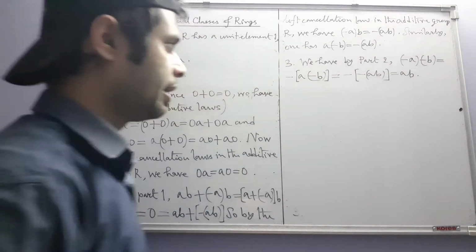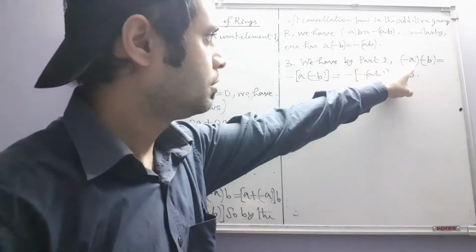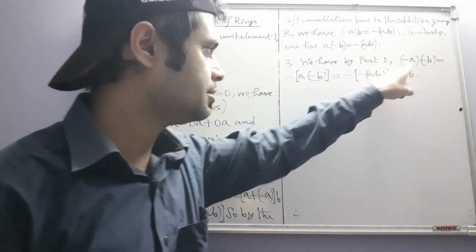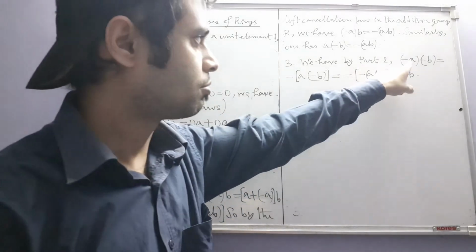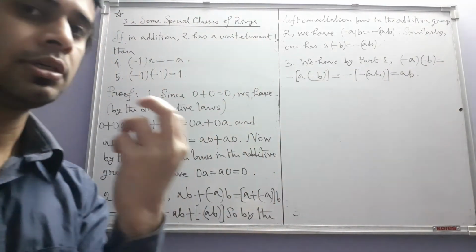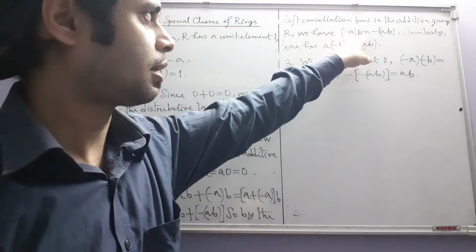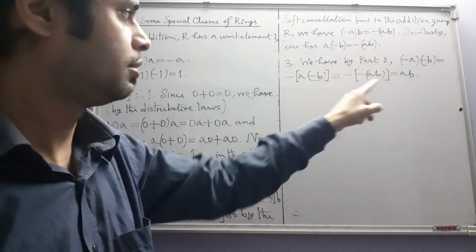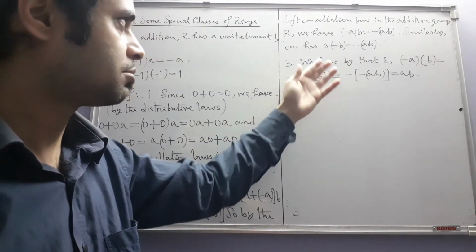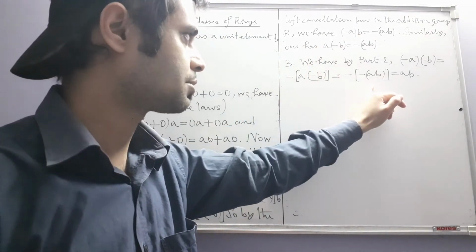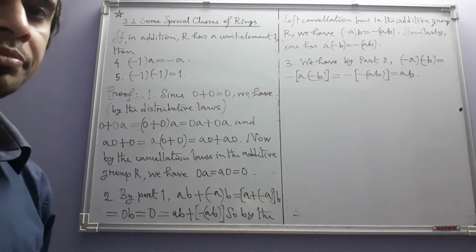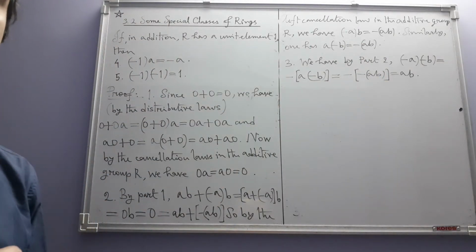What have we done here? Here we are able to write this is equal to this, where minus A is minus A, that is fine. Minus B is considered as a single element, like how we consider B here. So that's how we get this one. Again, using A and minus B, this directly follows from the previous part. Now, why is minus of minus AB equal to AB? Do you see why?